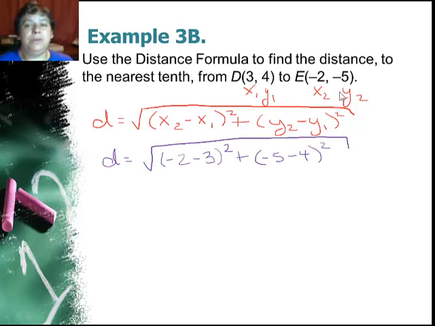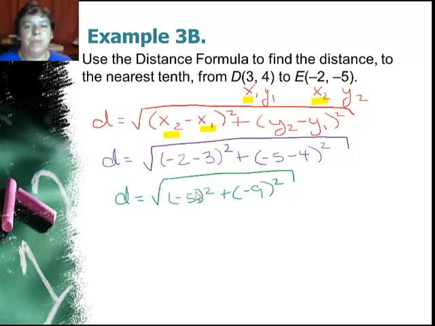Now I substituted. See how I have x2 here and x2 here, so it's negative 2. Then I have x1 here and x1 here, which is 3. Negative 2 minus 3 squared plus, and then my other points are negative 5 minus 4 squared.